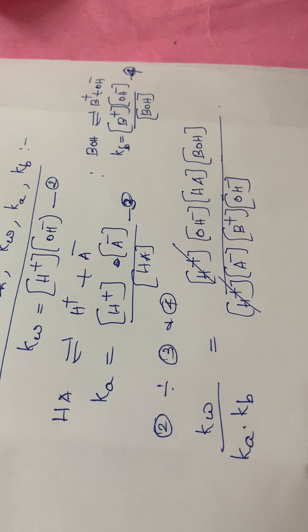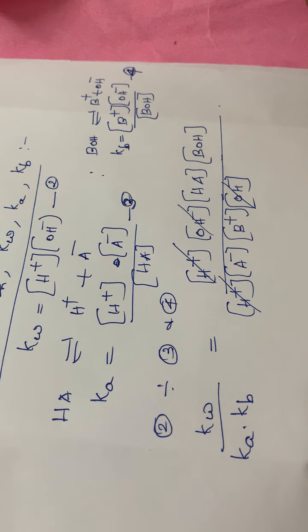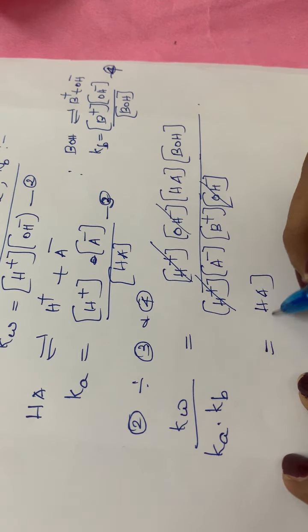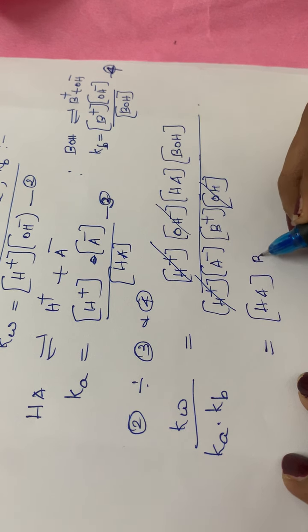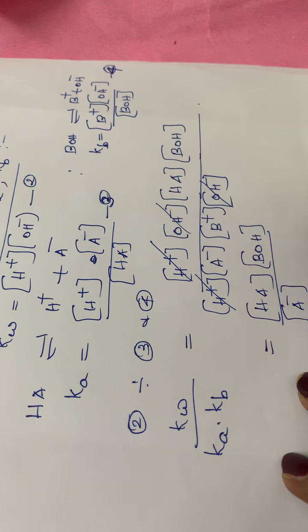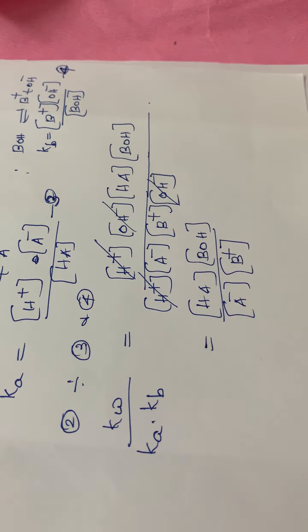So H plus will be cancelled, OH minus will be cancelled. The remaining will be equal to concentration of HA into concentration of BOH divided by concentration of A minus into concentration of B plus. So what about this term?